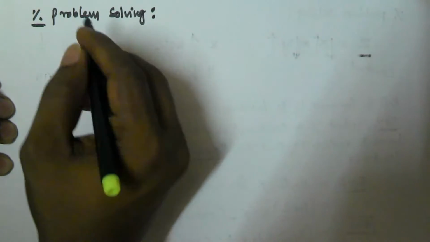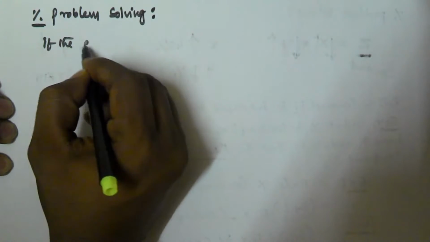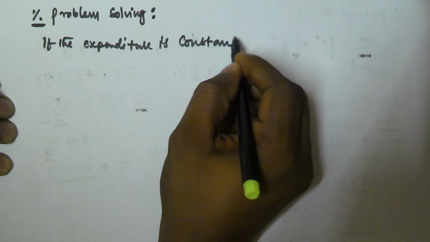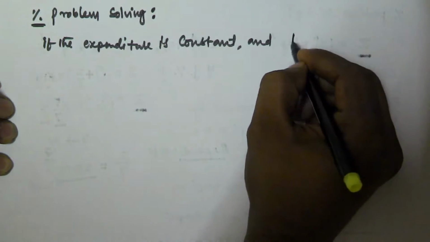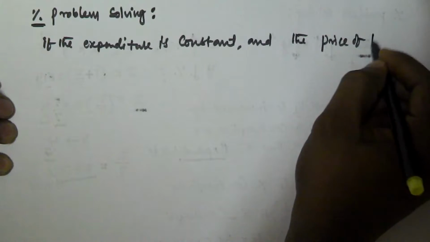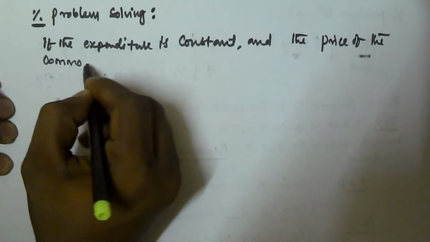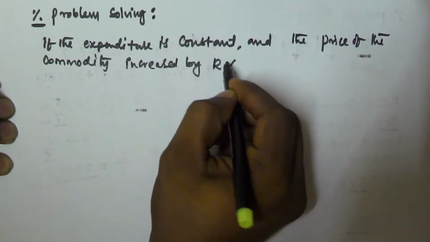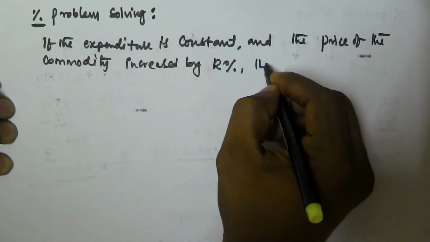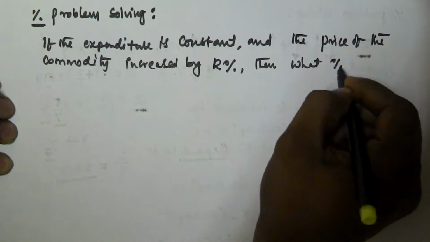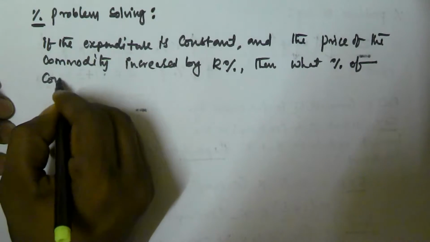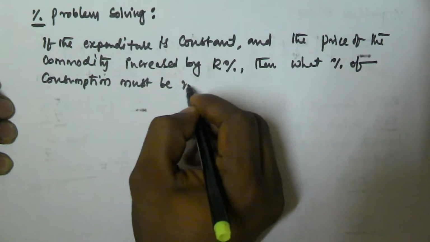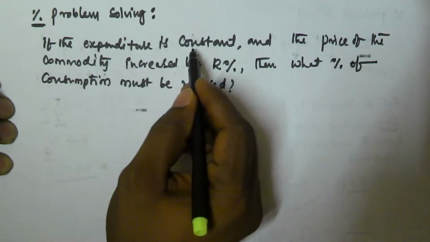For example, if the expenditure is constant and the price of the commodity is increased by r percentage, then what percentage of consumption must be reduced to keep expenditure constant.